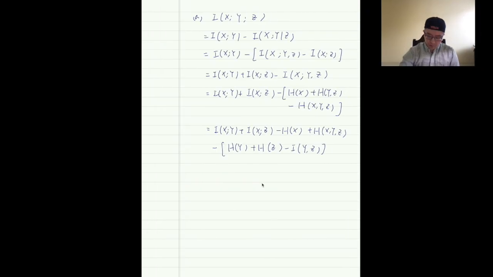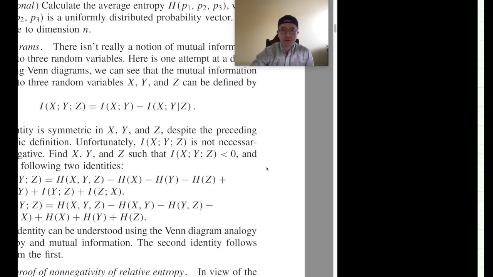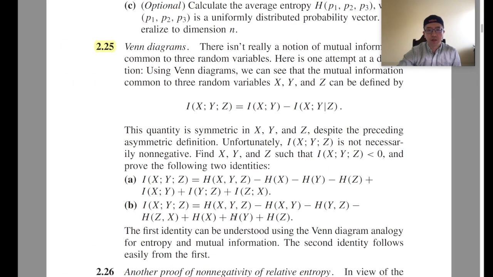Okay, and for part B, it's very straightforward. You can see that for B, we do not have any mutual information anymore, right? So therefore, the only thing we need to do here is to write down the definition of all of this mutual information, and then we're done.